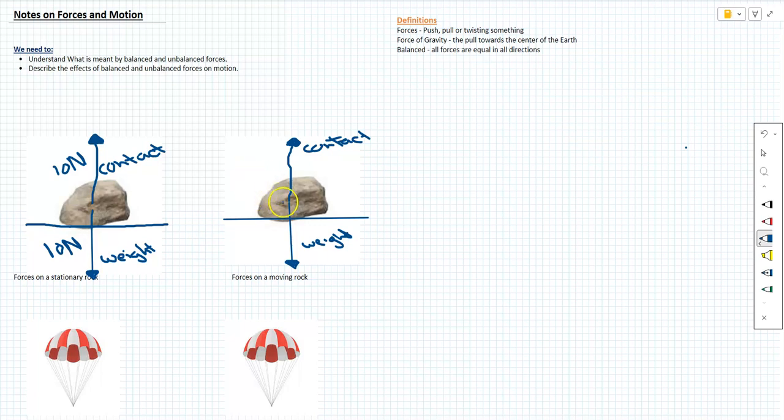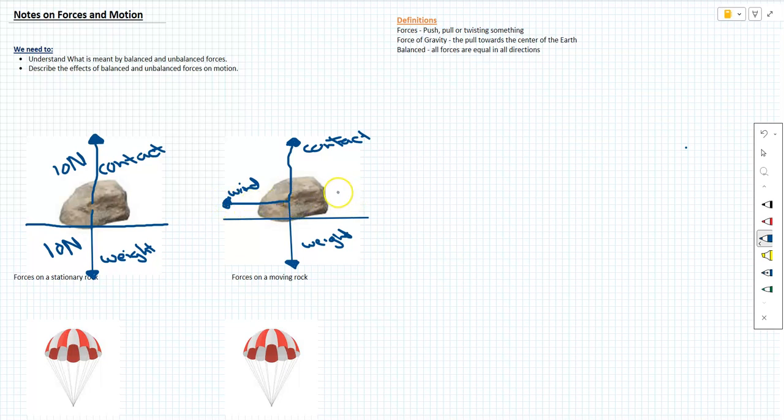But now we're going to add another kind of force on it. Let's say the wind is blowing this rock. We have the wind pushing it down that side.